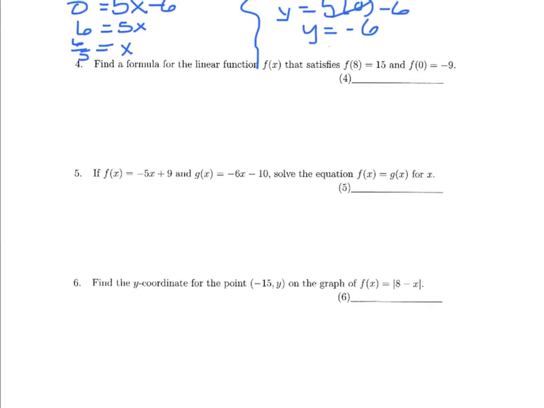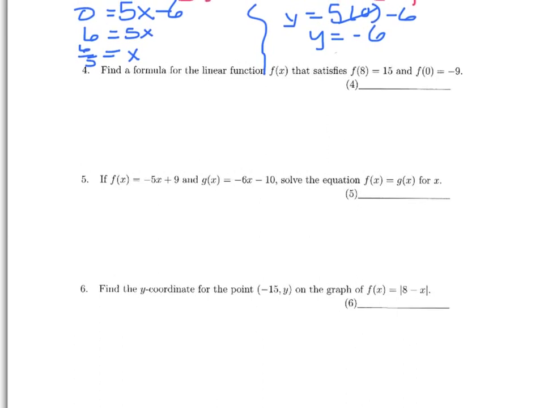Let's find a formula for a linear function, and the linear function f of x, and they give us these two equations, and this is really saying y equals 15 when x is 8, so that's an ordered pair, just as this is an ordered pair. Let's write here f of x equals, just so we remind ourselves, we do need to use function notation.